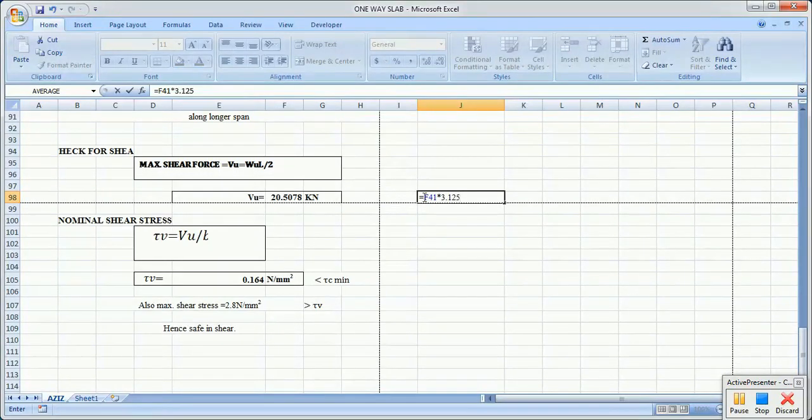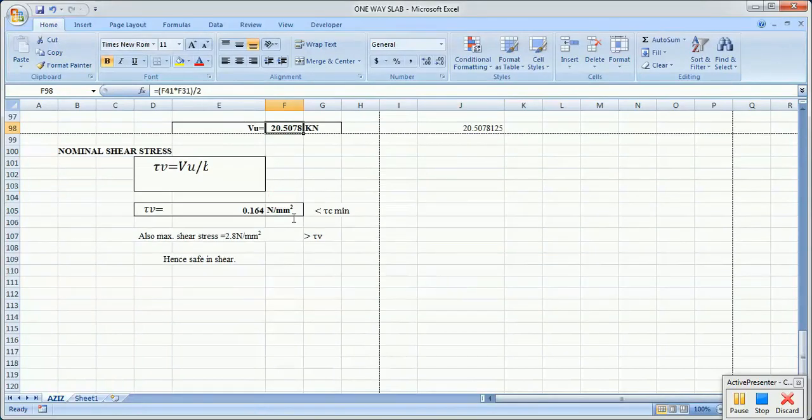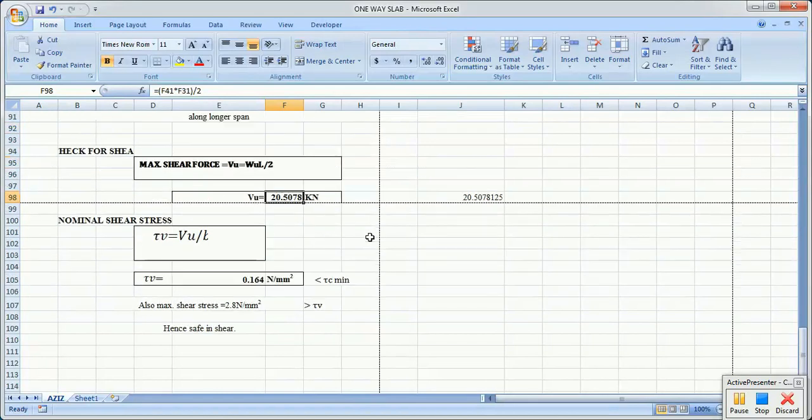You can put a bracket here, divided by 2. So we got the same answer. Then you have to find out the shear stress. Tau is equal to Vu by BD.